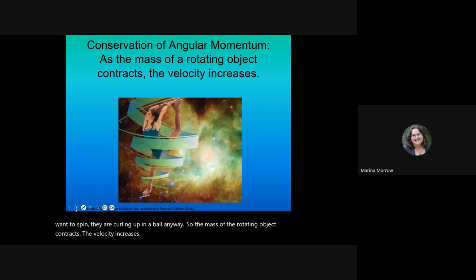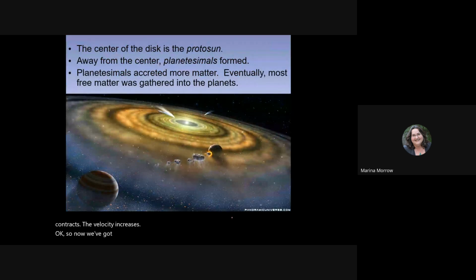Okay, so now we've got this mass of dust spinning faster. And what happens is most of it goes into the sun. That's about 99% of all the mass in our solar system. And so we believe this occurred about 4.5 billion years ago. And most of the mass was gathered there. But the dust out here started to gather also.